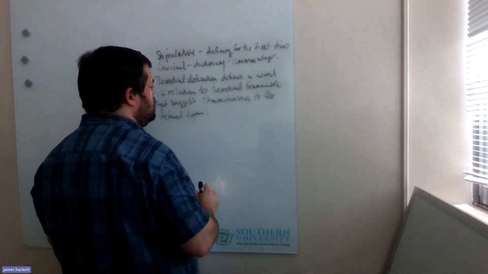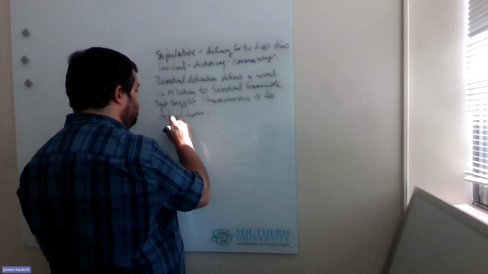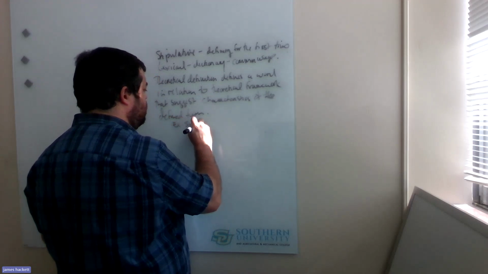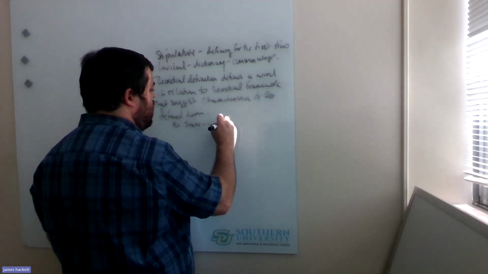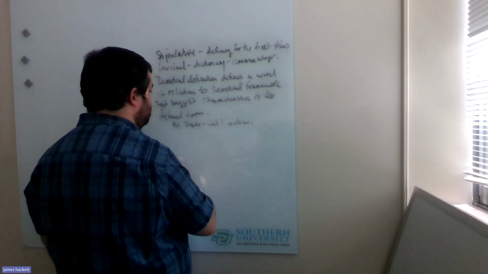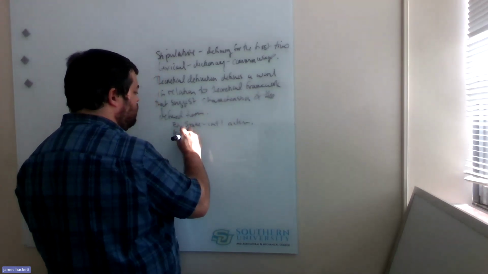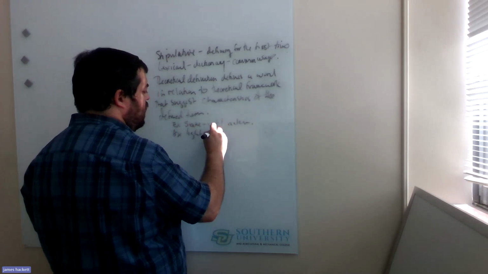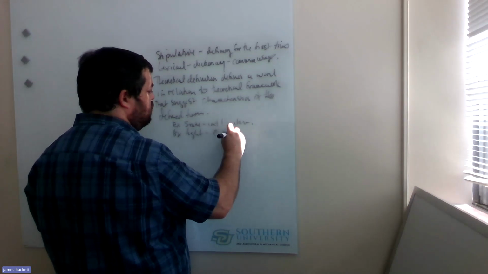So I've been using the example of state to refer to an international actor in political science. Our book uses the example of light as electromagnetic radiation.